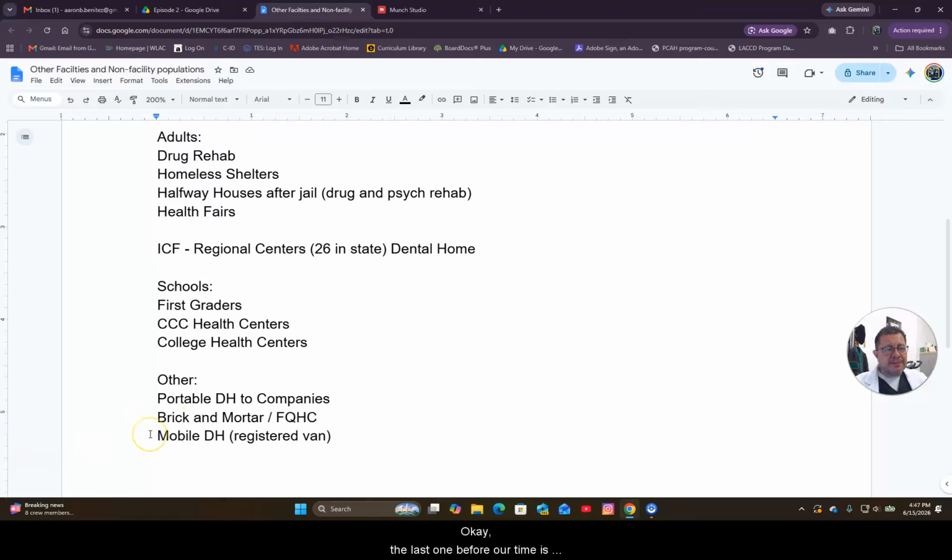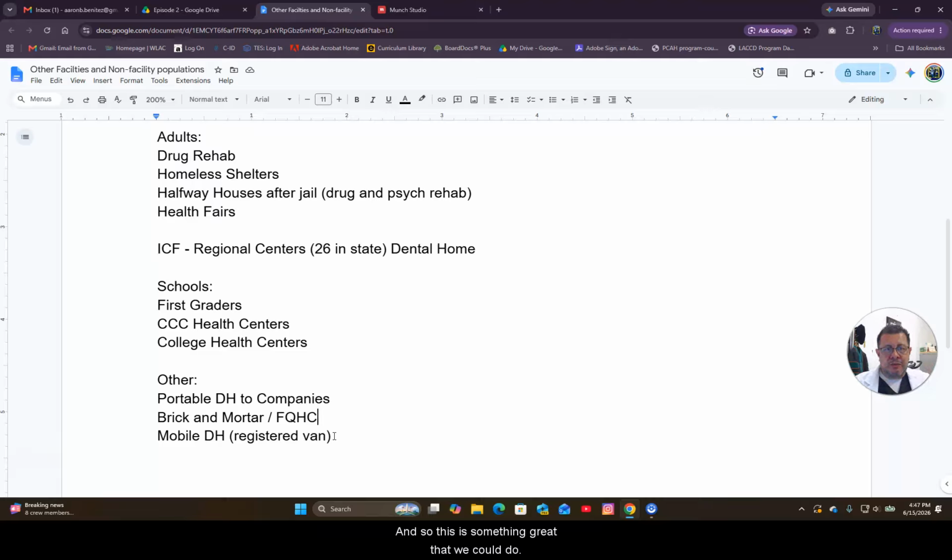Okay, the last one before our 60 minutes are up, and you've got to probably get back to work: mobile dental hygiene. Remember, it's different than portable. Mobile refers to a registered van. I know this is very broad, but we are able to own our own registered van through the Dental Hygiene Board of California, only one.